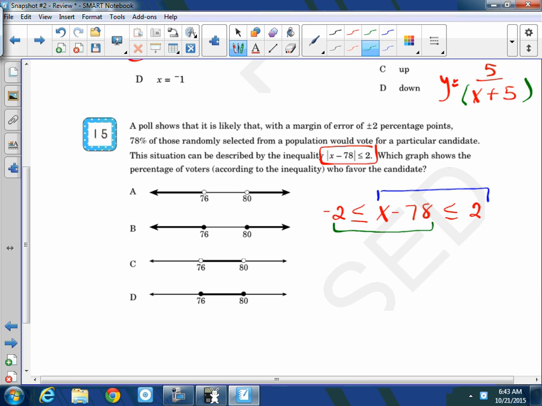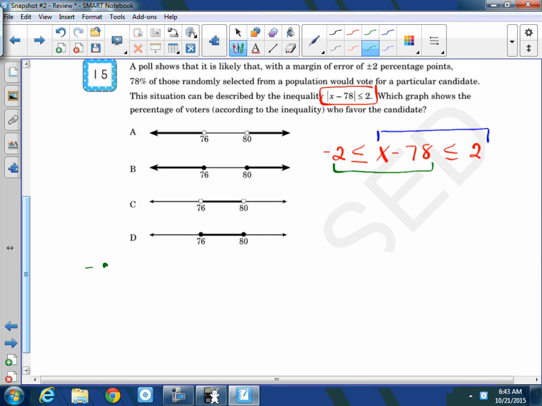So for the first part, negative 2 less than or equal to x minus 78. I'm going to have to do plus 78 on both sides. That would be 0. And x is greater than or equal to negative 2 plus 78, which would be 76. That doesn't help because all of them have 76.